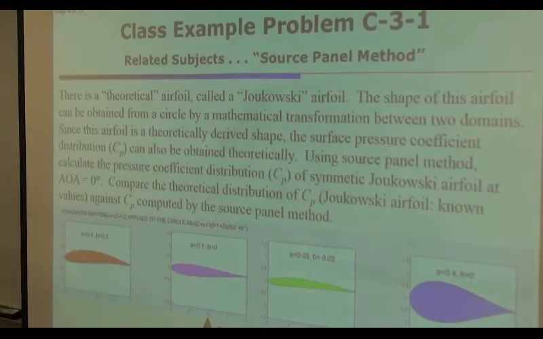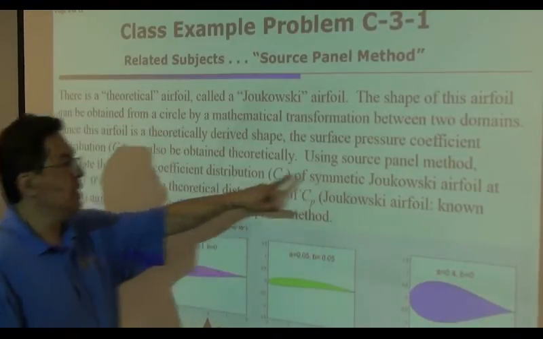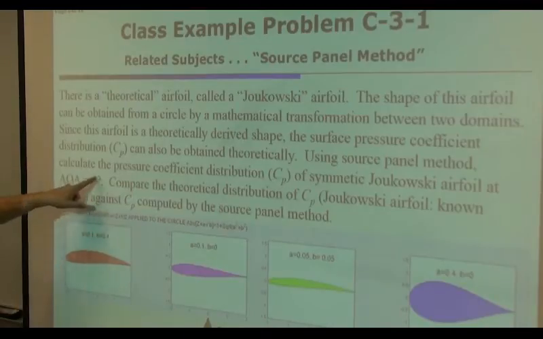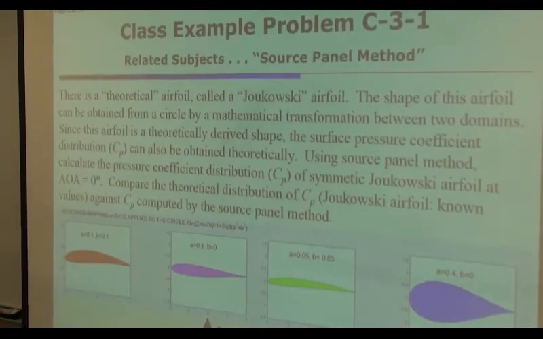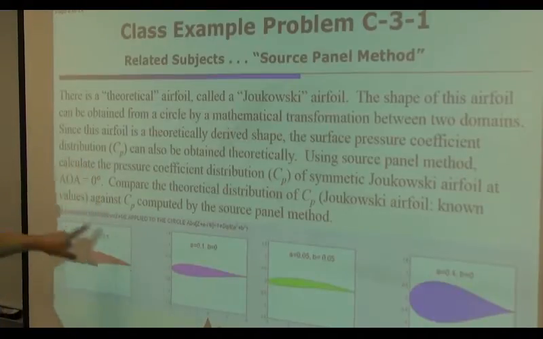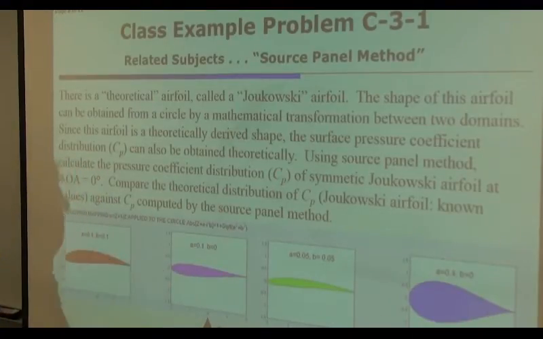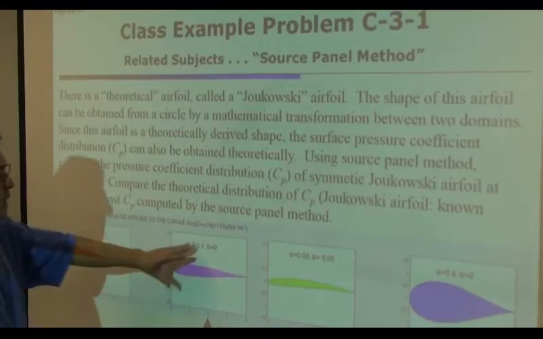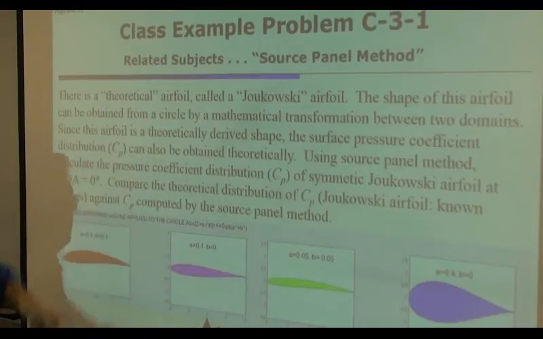So using the source panel method, let's calculate the pressure coefficient distribution of a symmetric Joukowsky airfoil at an angle of attack of 0 degrees, and then compare that against the theoretical value.